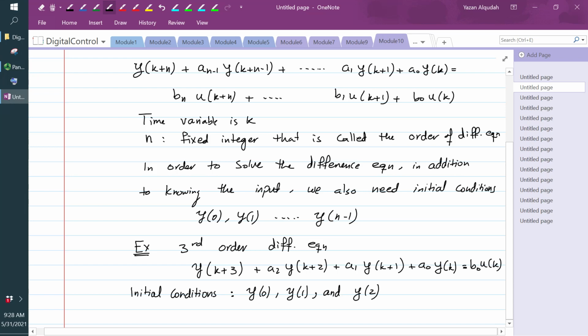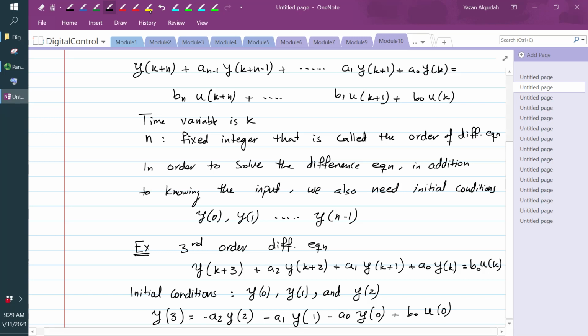Because if I want to calculate, for instance, the output when k is equal to 0, so I want to calculate y of 3, y of 3 is equal to negative a2 multiplied by y of 2, minus a1 multiplied by y of 1, minus a0 multiplied by y of 0, plus b0 multiplied by u of 0.